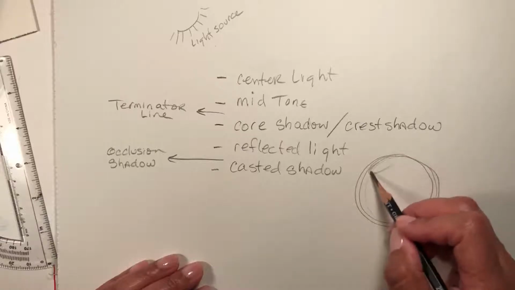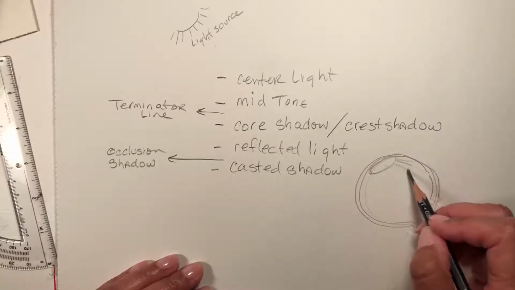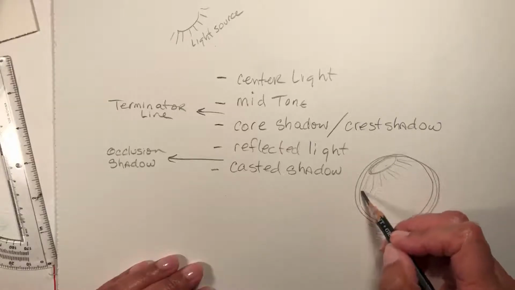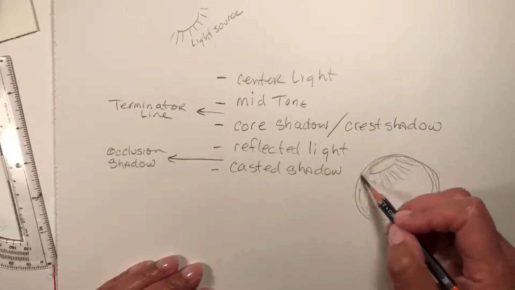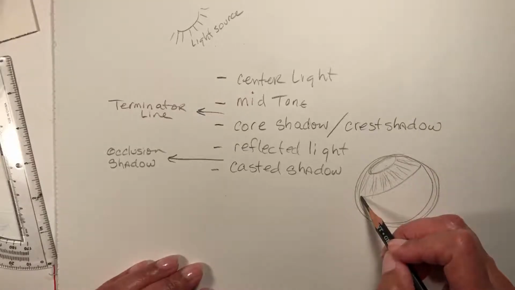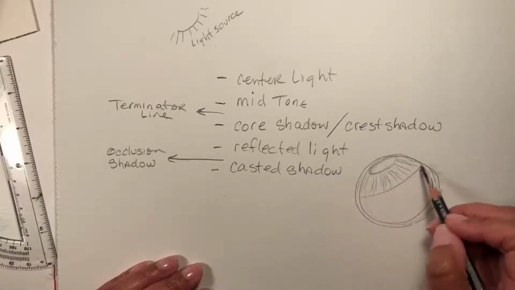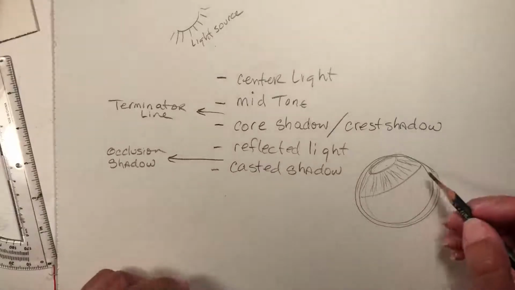So here you're going to have your center light, which is really, really bright. And then right in here, you're going to have what's called the mid-tone area, where it's kind of gray but not too dark. And then you're going to have what's called a terminator line that is not actually drawn. It's never drawn. I'm doing just a schematic, something for you guys to see the zones.